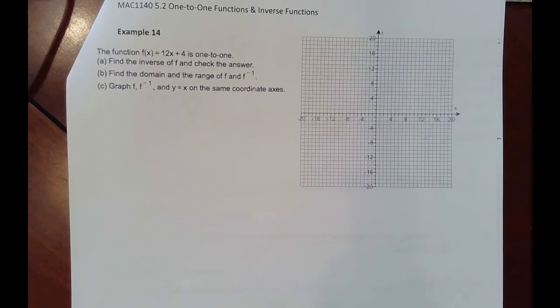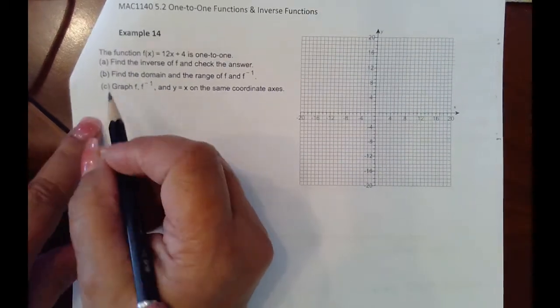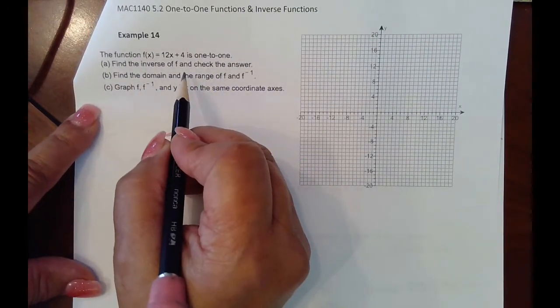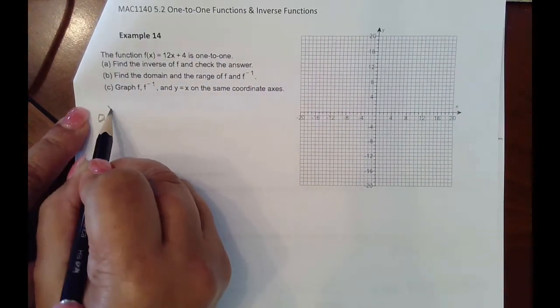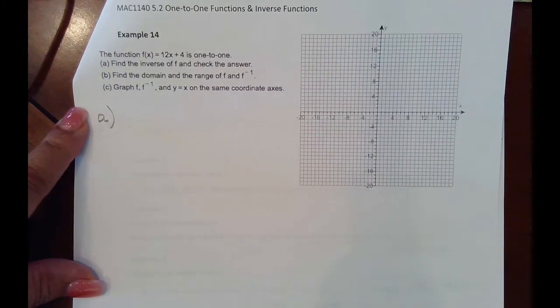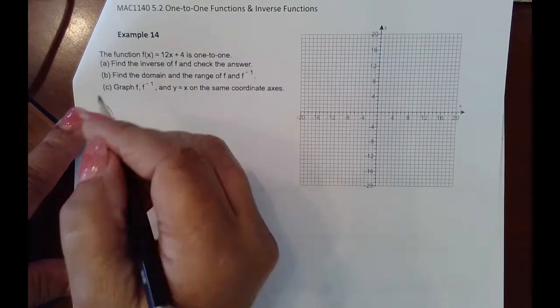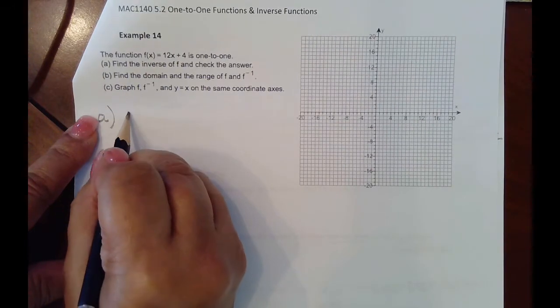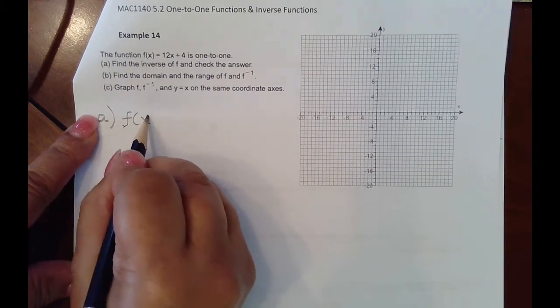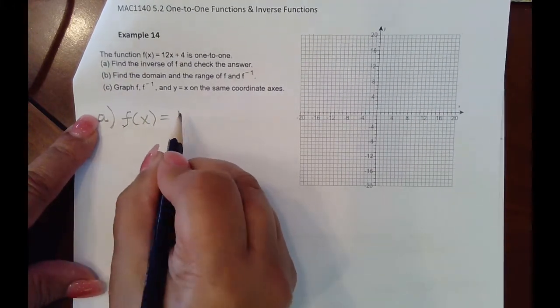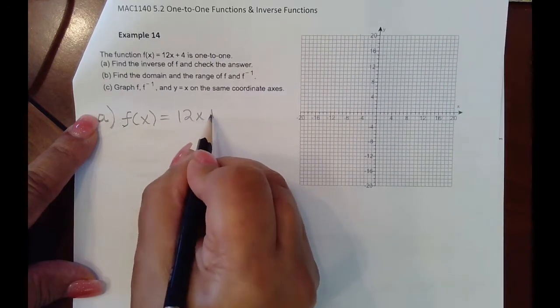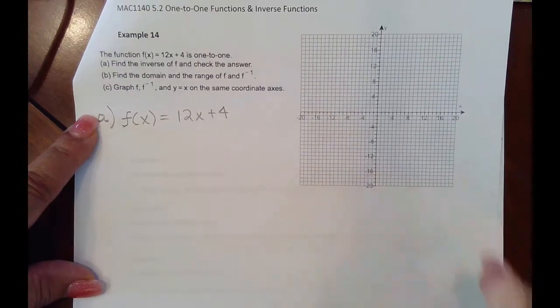So, example 14. In part A, it says find the inverse and check your answer. You can check that twice, but we're just going to find the inverse. So we're starting off with f of x equals 12x plus 4.